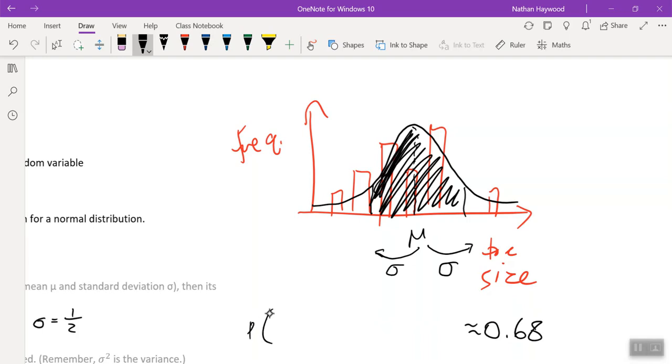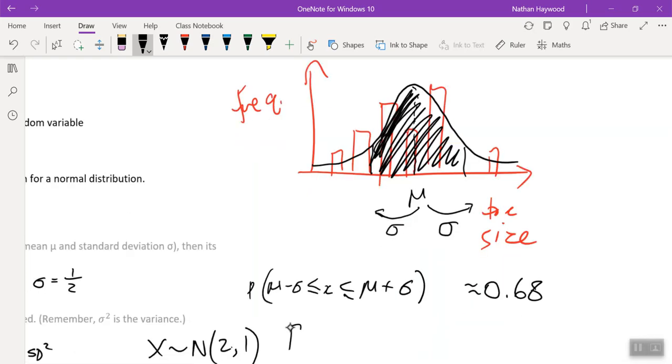So notation-wise, it looks like this. The probability that X is between mu minus the standard deviation and mu plus the standard deviation is approximately equal to 0.68.